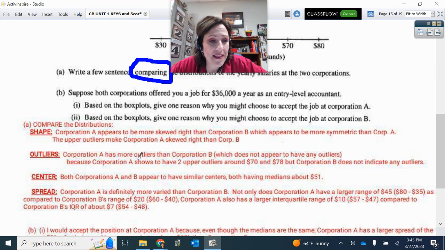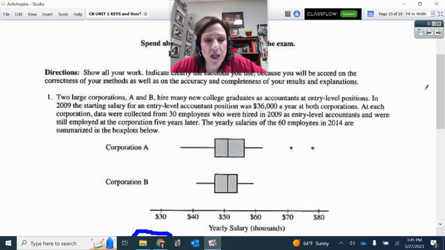So I said that, and of course, using context. I can see here they both had the same median. The shape, outlier, center, and spread will go in that order. So for shape, because Corporation A has these upper outliers, it is more skewed to the right.